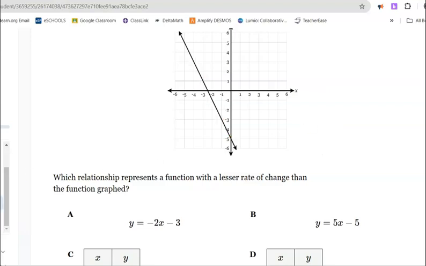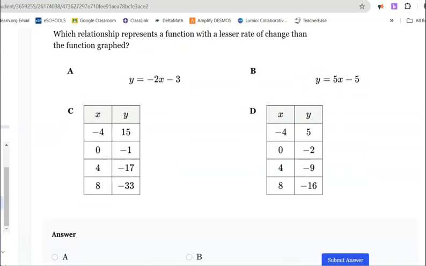When I look at all of my options, I see that the first two, which are equations, I can very quickly find their rates of change. This one is equal, and this one is not lower. 5 is not lower than -2. So both of these are out. Let's take a look at these rates of change.